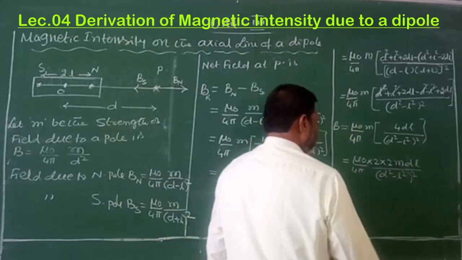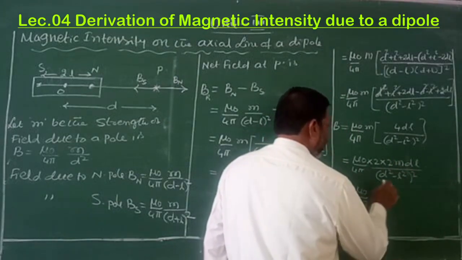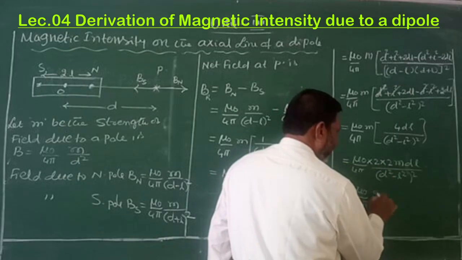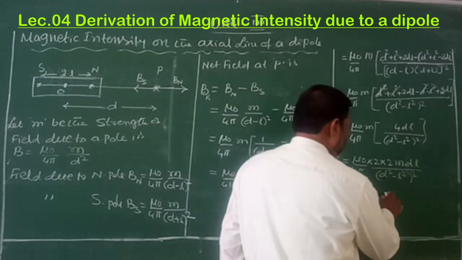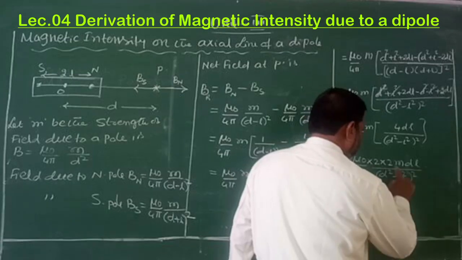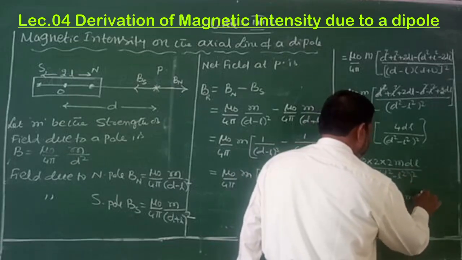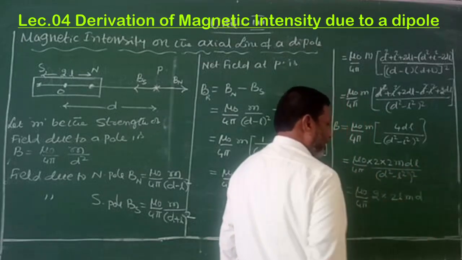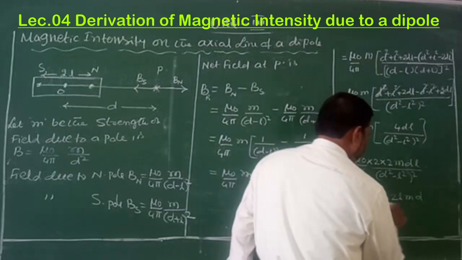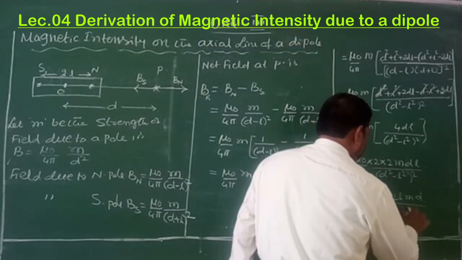Now this is equal to mu naught divided by 4 pi, 2 as it is, and I can write this as 2 L m into d. I have just rearranged the terms, divided by d square minus L square, whole square.